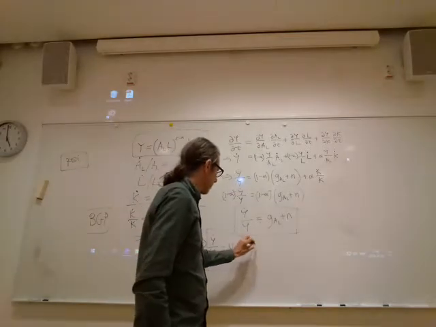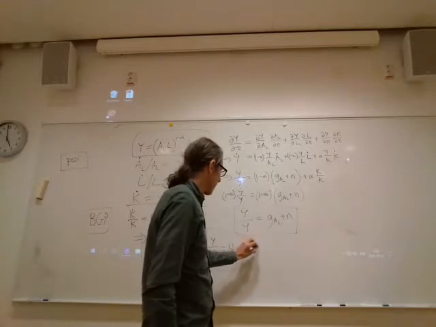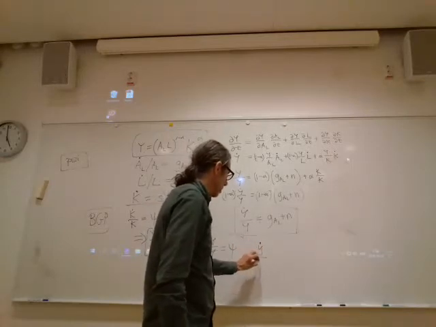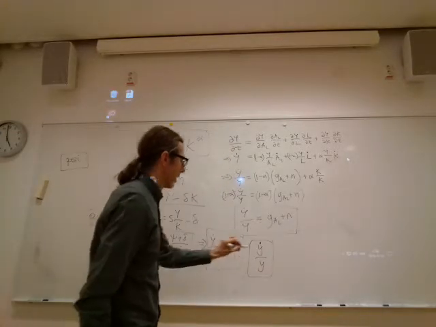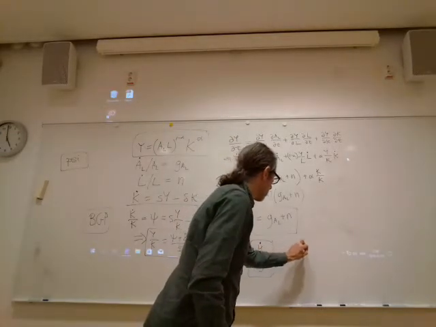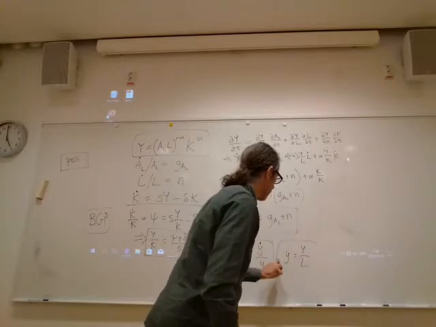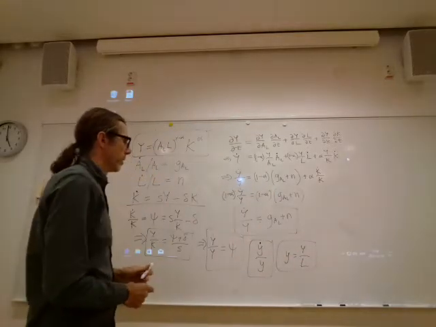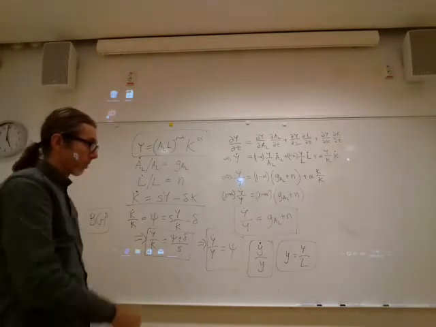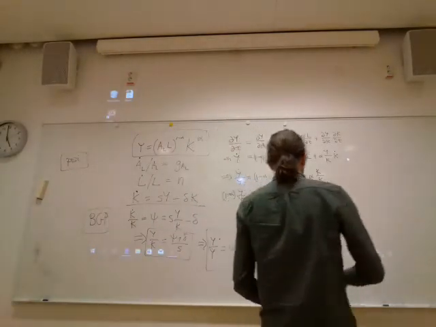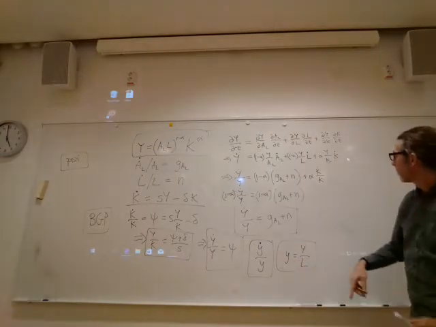What about if we had little y, where little y is big Y over L, production per person? How do we work that out? Well, let's do the same thing here.